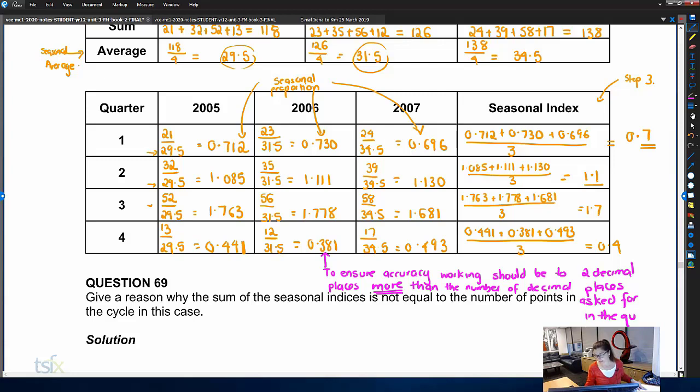If you do that, you're not going to have a rounding error. When you are marked on your exam, it has to be 0.7. If you make a rounding error and it's 0.6 or 0.8, you don't get the mark. You've gone through all these calculations; you don't want to lose your mark on a technicality in the last step.